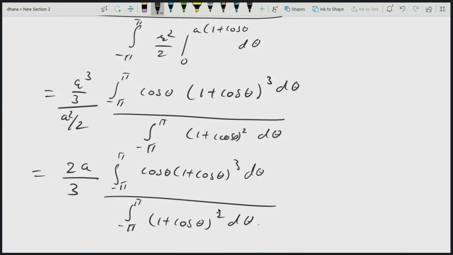You can expand that, it's your wish, or you can apply some formulas there. Integral minus pi to pi cos to the power n theta d theta is equal to what? Remember all those formulas? Directly also you can expand and solve it by converting it into beta gamma functions and all. In that way also you can solve. Whichever method, tell me the answer.